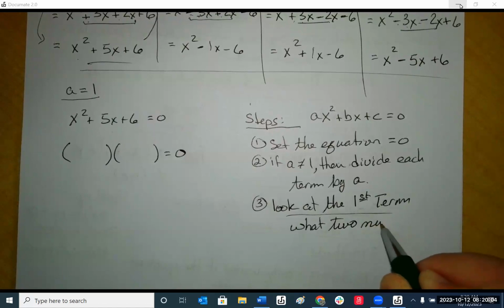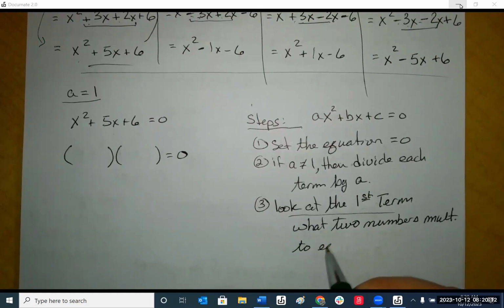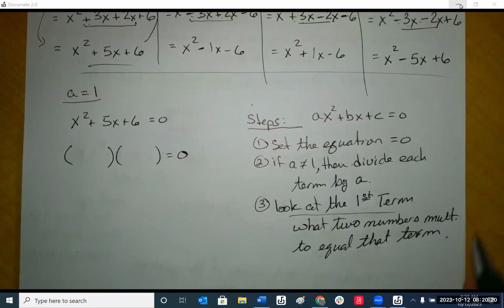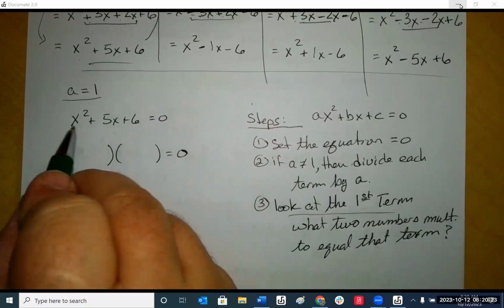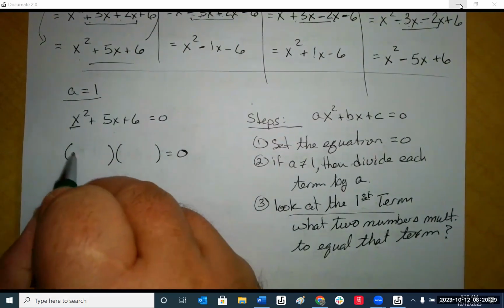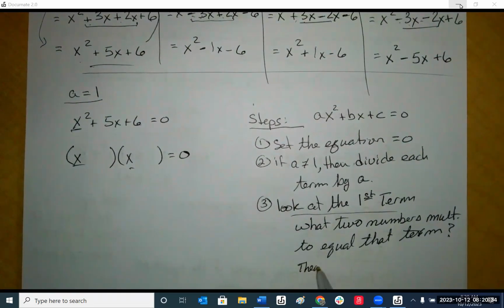What 2 numbers or letters multiply to equal that term? So what makes up x squared? Yeah, they go in the first spaces, x times x.